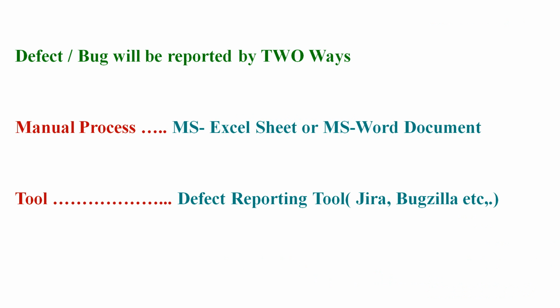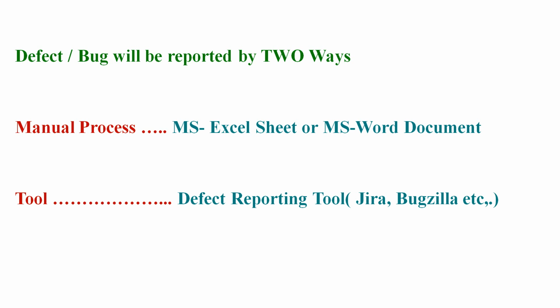See, defect reporting or bug reporting, both are the same because a defect is also called a bug. This defect reporting can be done in two ways. One is the manual process, the second one is by using a tool. In the manual process, in the majority of cases, they will use a Microsoft Excel sheet, or rarely a MS Word document.